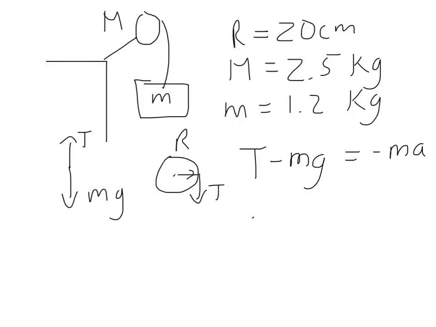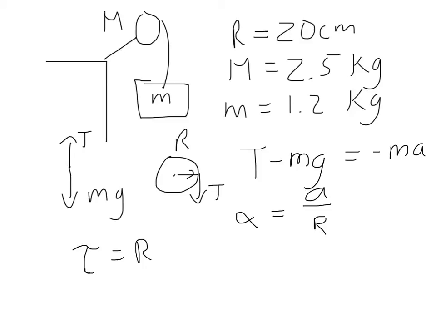Recall that alpha is equal to the tangential acceleration over r. We're going to use that here in a second. We'll make that big R just to make sure there's no confusion. Now the torque on the pulley is going to be equal to the radius of the pulley, R, multiplied by the force applied. The force is going to be at an angle of 90 degrees, so again the sine of 90 is 1.